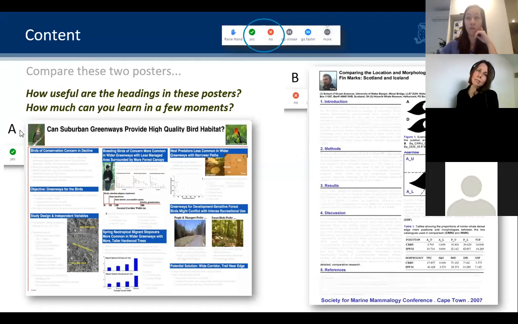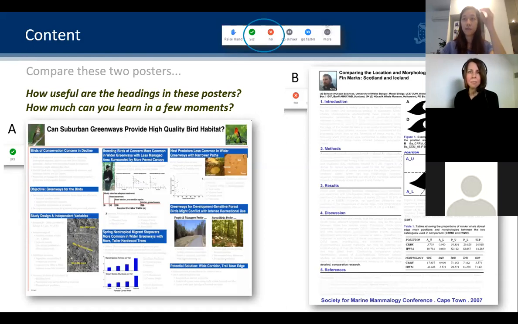Yes, if you think A, I can get more information from A, or no, if you think B, I can get more information from B. Oh, it's even almost. Okay, this is super interesting. So the moment we've sort of landed on about 27 for A and 22 for B.